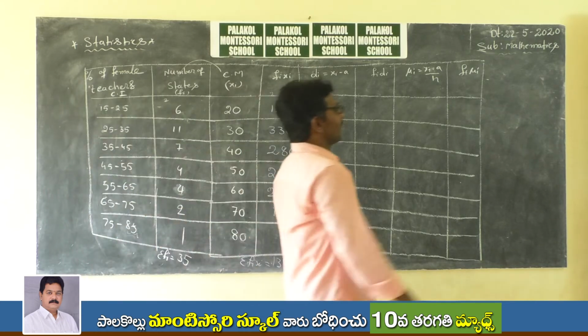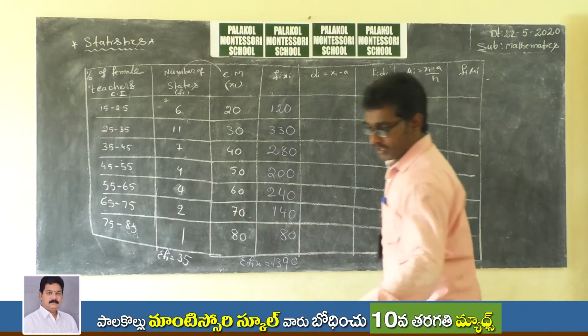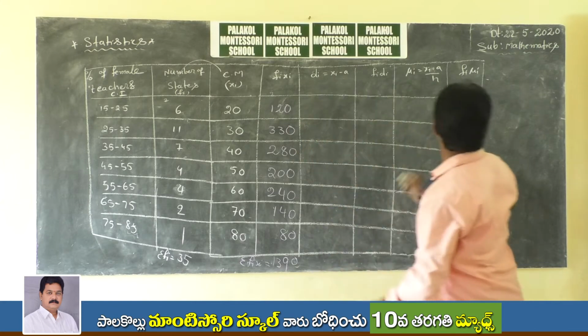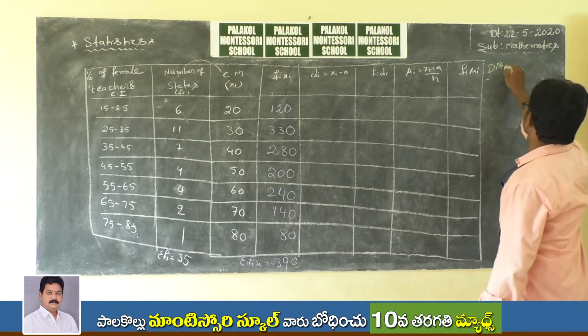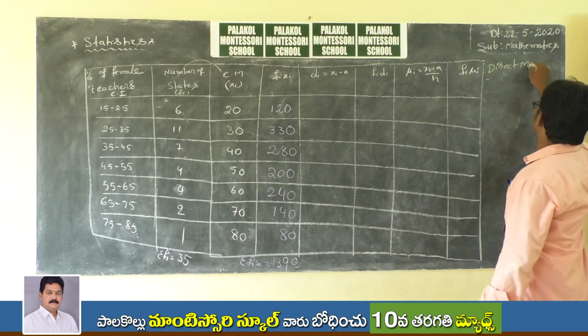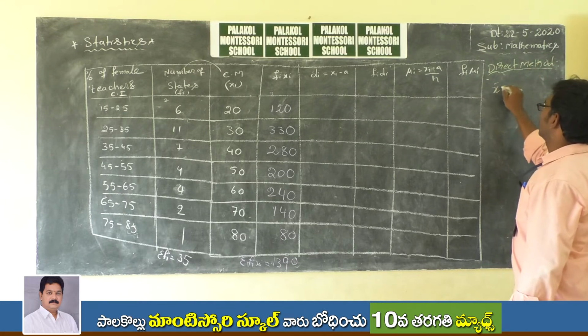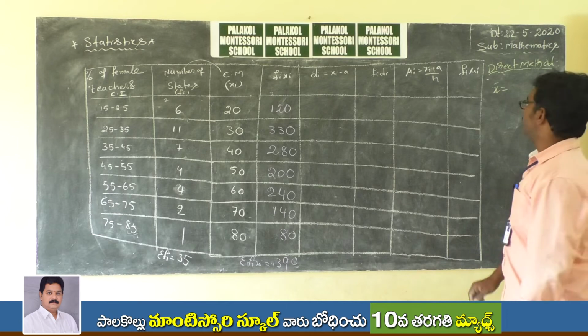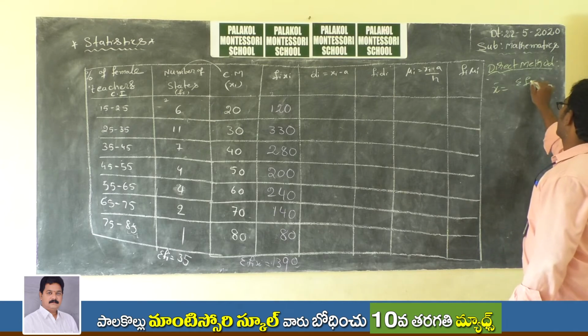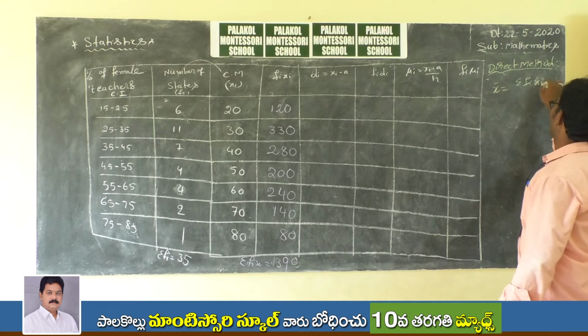Now the direct method, you know. Yes, direct method. What is the formula of the direct method? X bar is equal to sigma fi xi by sigma fi.